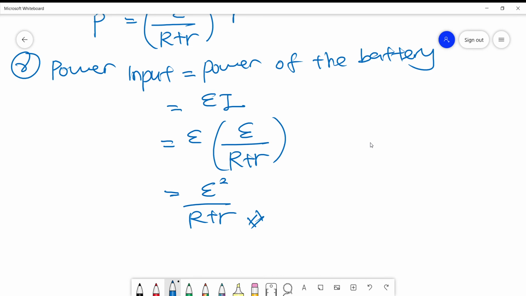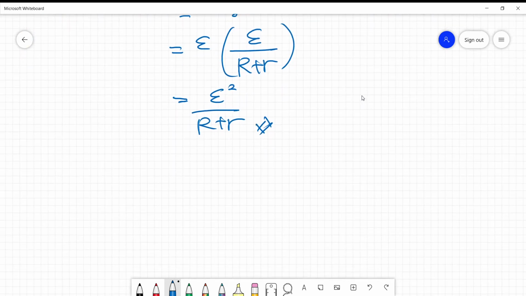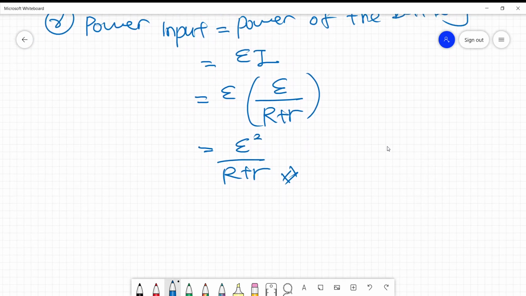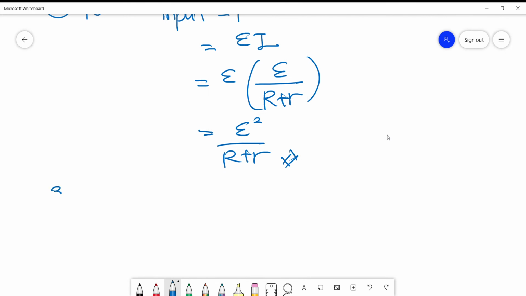And for the third one, if we have input, of course we also have power output.